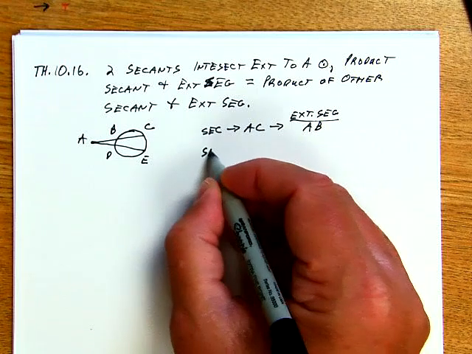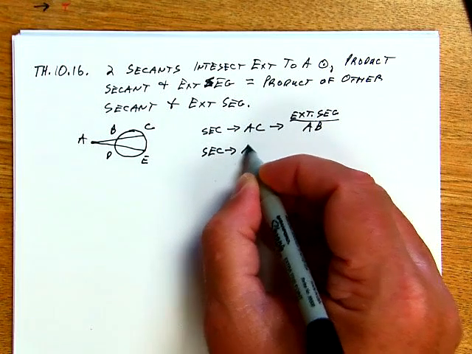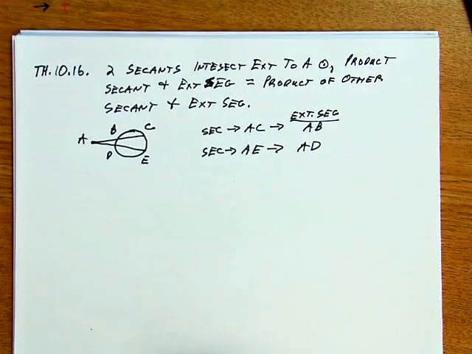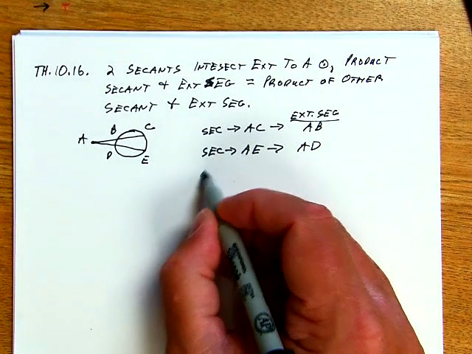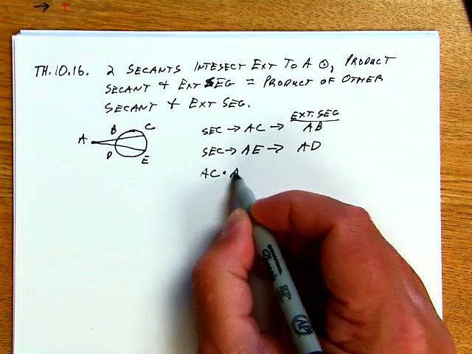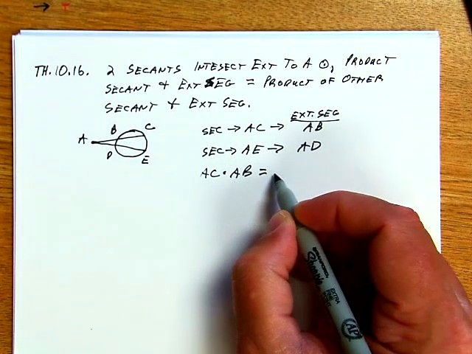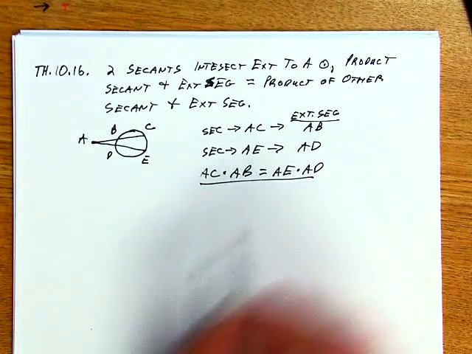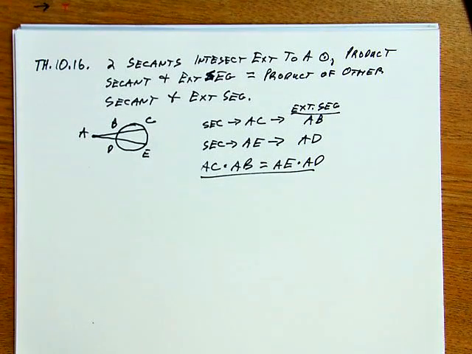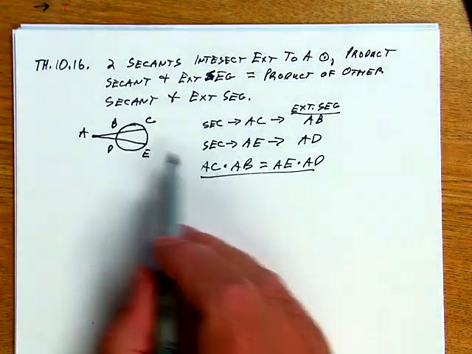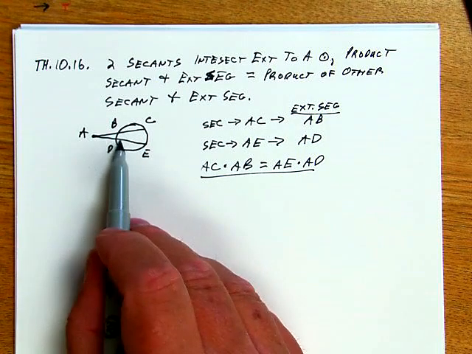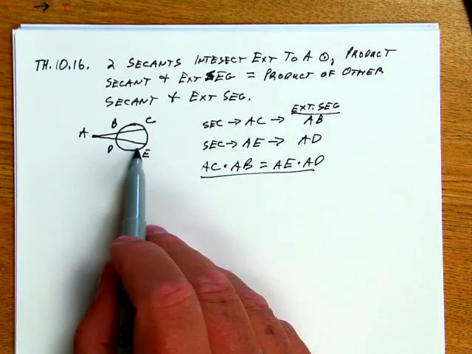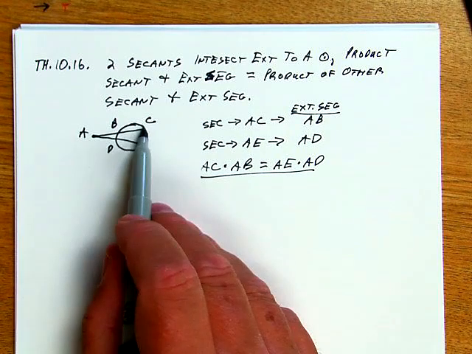And my other secant is AE, and its exterior segment is AD. So AC times AB is equal to AE times AD, right there. That is that theorem. The exterior segment is the part of the secant that's outside the circle, multiplied times the length of the whole secant, equals the same calculation on the other secant.